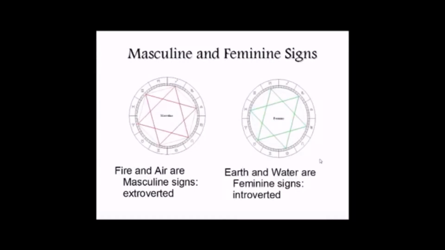All right, now you can see that the signs are divided into masculine and feminine, and you can see how this forms two hexagons. Now, from Aries, for example, in the middle of Aries, as it's put here, to the middle of Leo, that would be 120 degrees.